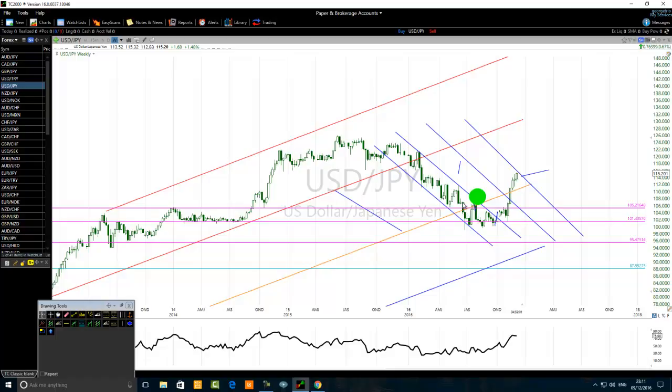So price is out of that projected channel. All right, it broke and came out. Now it retested here. This is what we call a break below and retest on the edge of that orange line, which is the end of the projected channel.